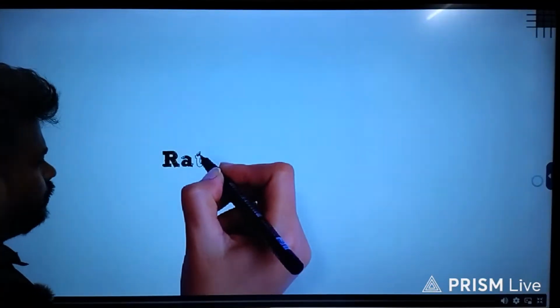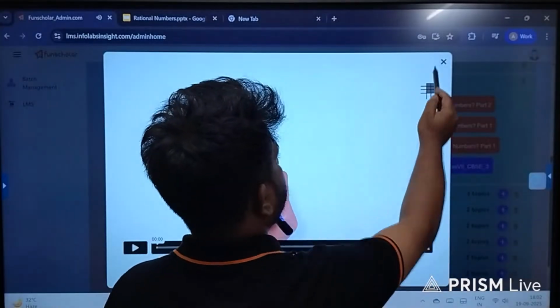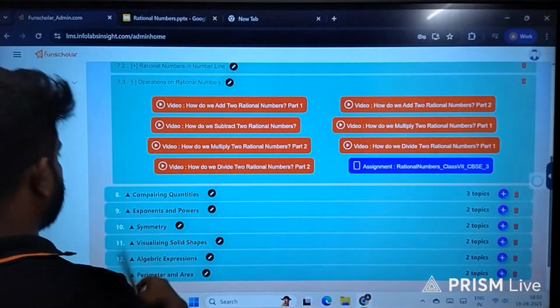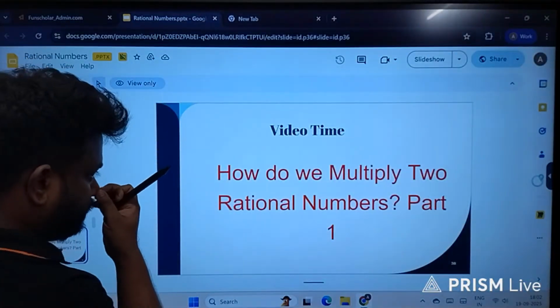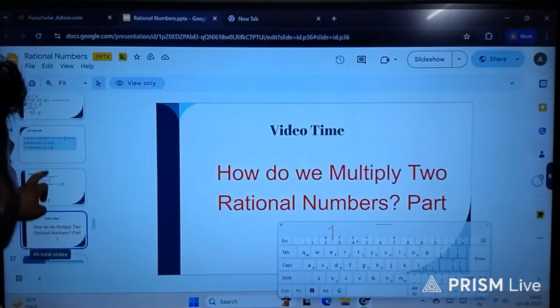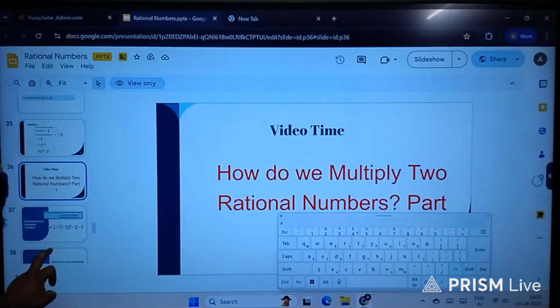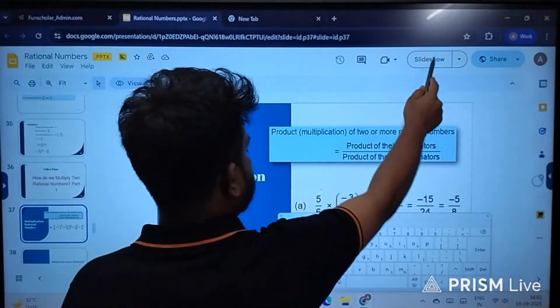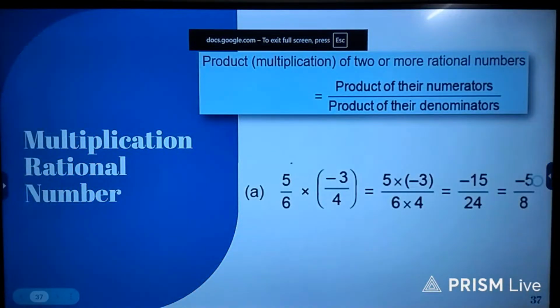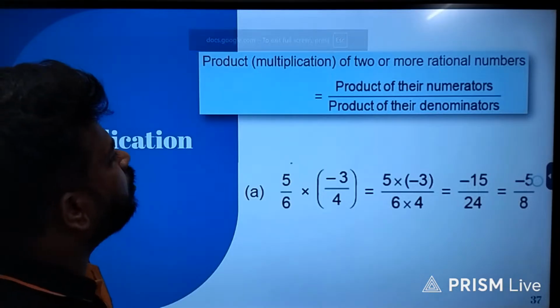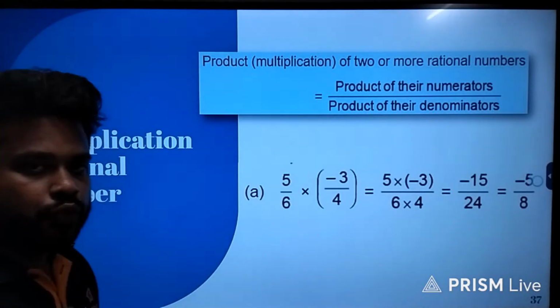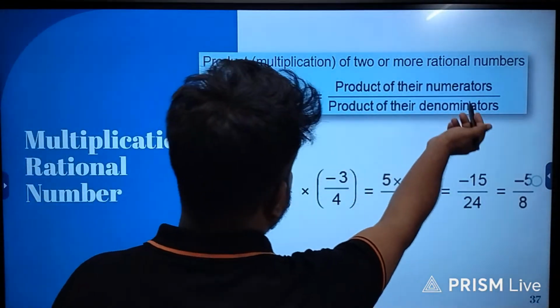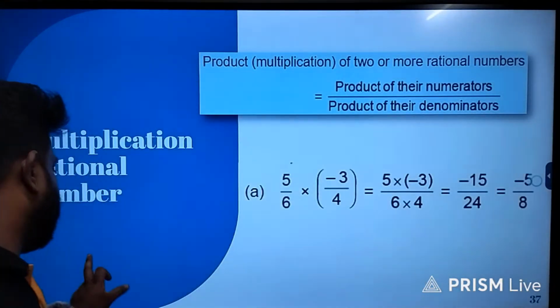So here is the video. So how can we multiply two rational numbers? So let's verify this. The product of two rational numbers will be the product of their numerators and the product of their denominators as well.